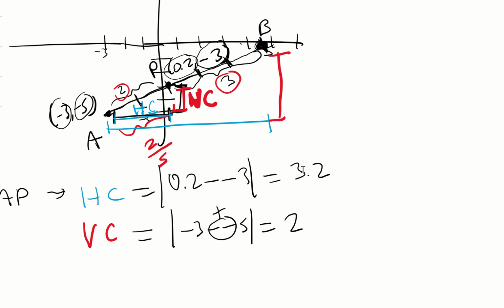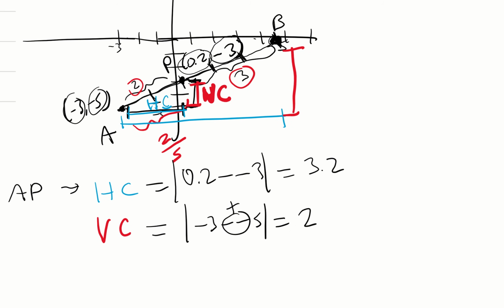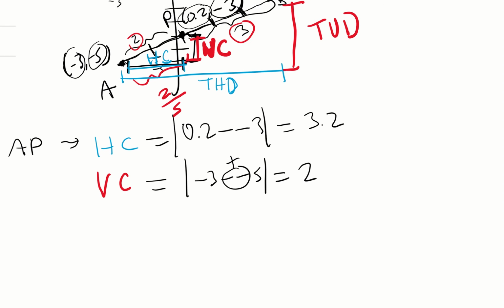And so what we want to do now is figure out what the total distance is. I'll call it total horizontal distance, and then I'll call this total vertical distance, just so that we call it something.